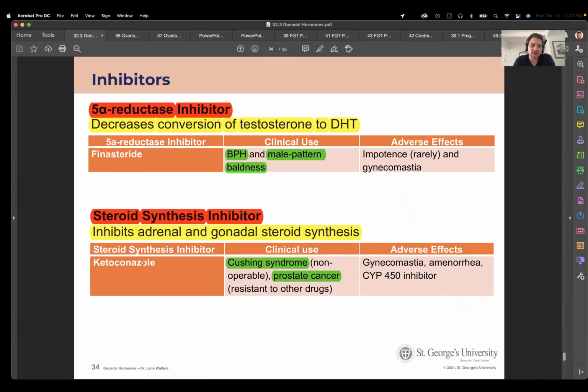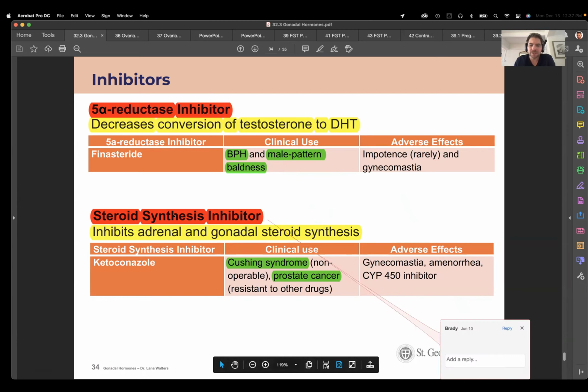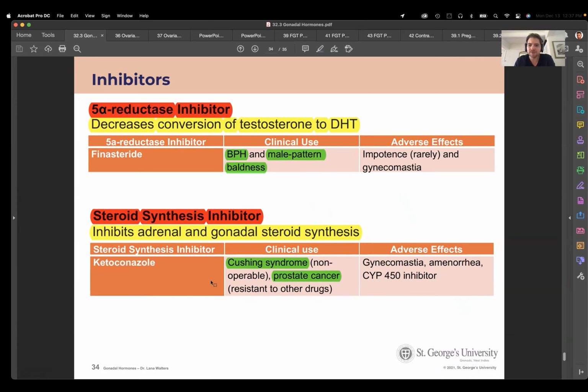And then ketoconazole, not really used in my understanding for this, more like Cushing syndrome. Maybe it's first line when you're converting cholesterol in the adrenal gland. Okay, so you can kind of stop everything at that point, and the downstream. We talk about this with CAH in kids, the CAH deficiencies, but I don't know that it's super important in prostate cancer here, but just make sure you know it.